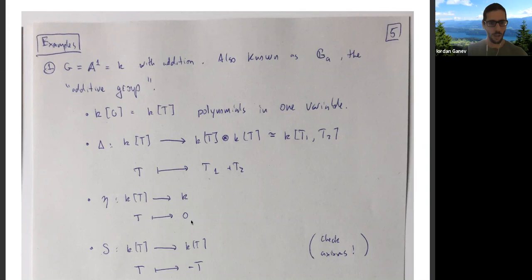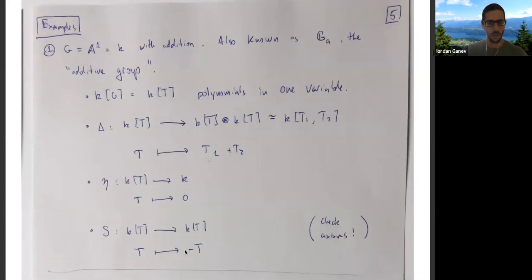And what about the antipode? Well, the antipode takes T to minus T, and that again determines what you do for any polynomial. Any polynomial is a linear combination of powers of T, and we plug in T equals minus T and get a new polynomial. So nothing happens to the even powers, the odd powers get a minus sign.